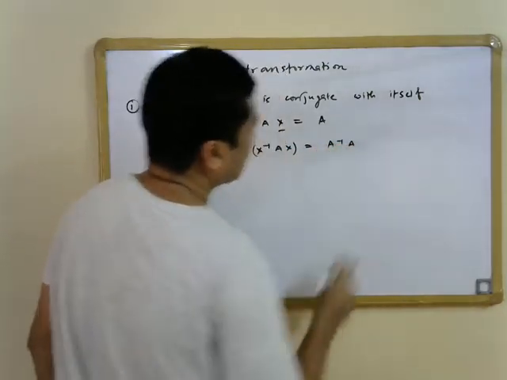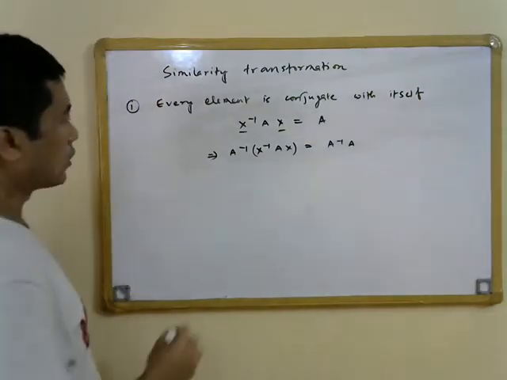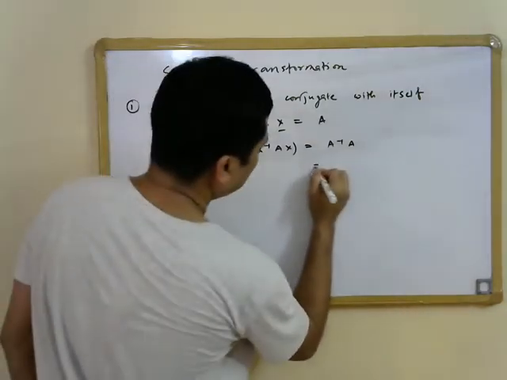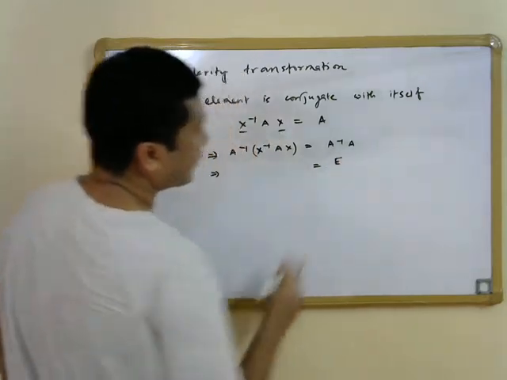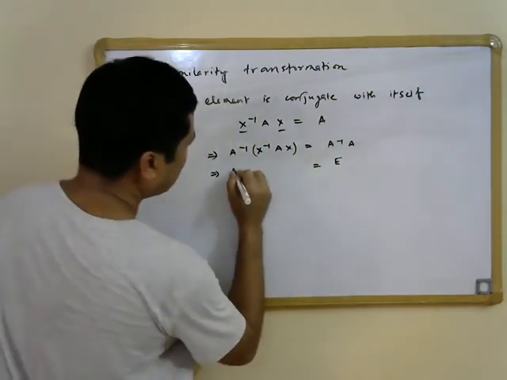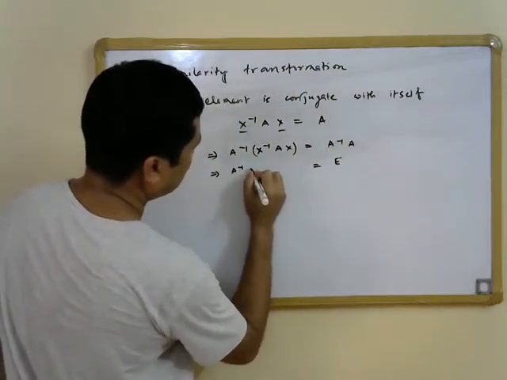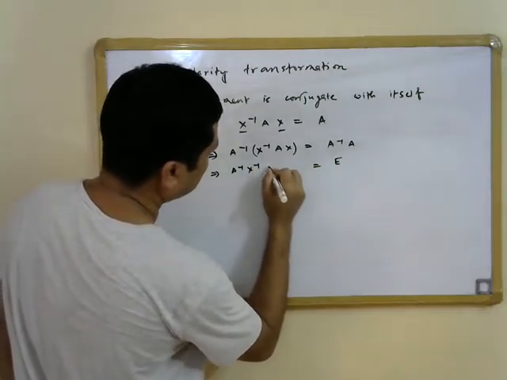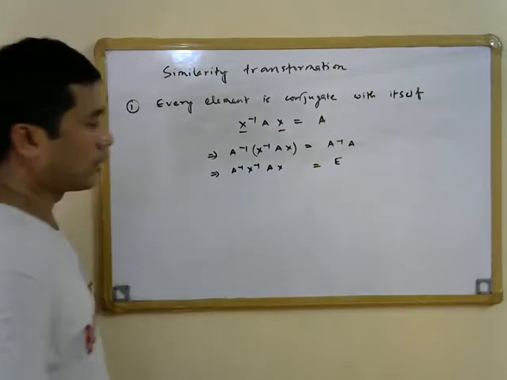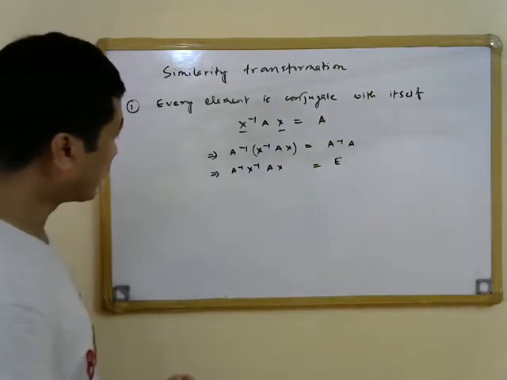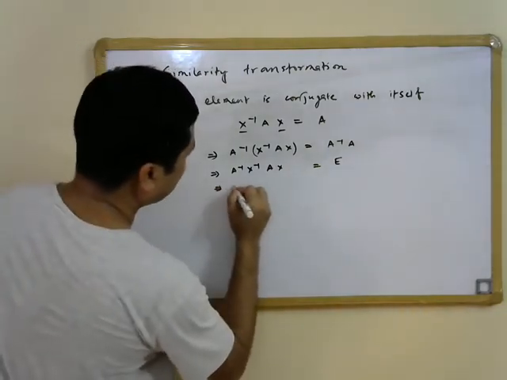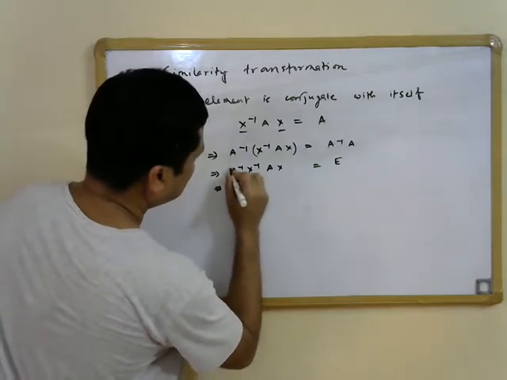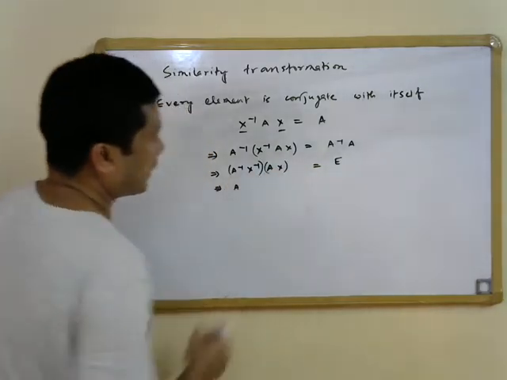Then we know A inverse A is going to be equal to identity. In this one, we can use the associative law of multiplication, which is valid in the case of mathematical groups, so we can write it in this way.